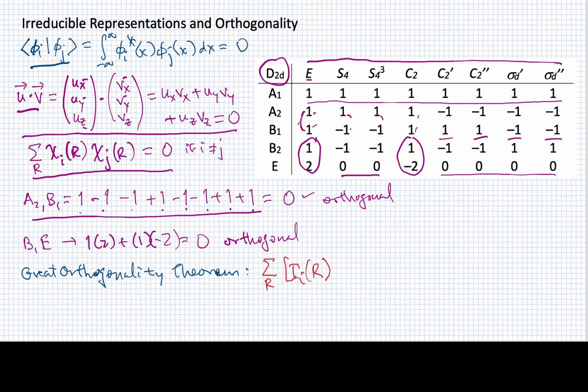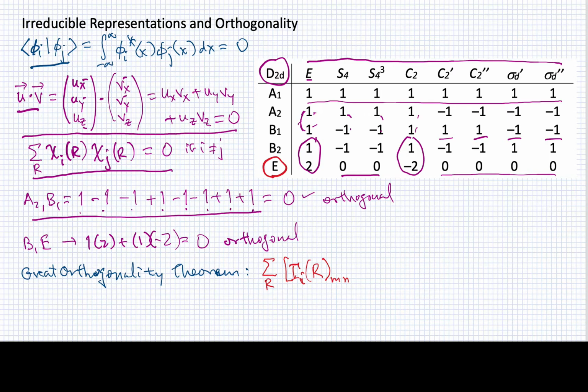over the R's. Now, there's another part of the Great Orthogonality Theorem that includes the possibility that we have matrices in here representing these irreducible representations. So, for example, we know that this is a matrix, a 2 by 2 matrix. So if I have the m and n, the mn element of that matrix, it turns out there's going to be an orthogonality relationship for that as well.